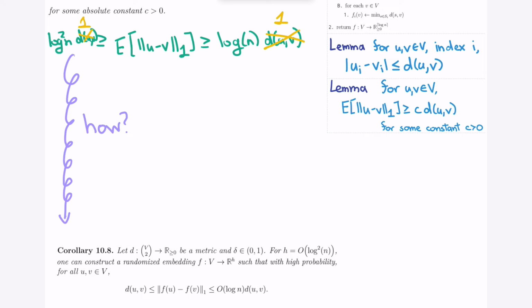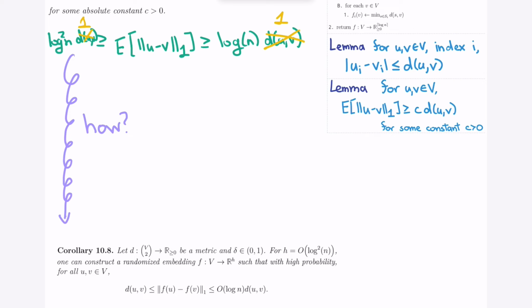So we pointed out that each one of our coordinates is a contraction. Each coordinate is independent and it adds at most 1, or duv if it wasn't rescaled. So you have these independent variables that contribute at most 1, and on average they add up to at least log n. Now we're in that Chernoff regime, the high probability regime. The average is way larger than any individual contribution, so it becomes e to the minus log n.